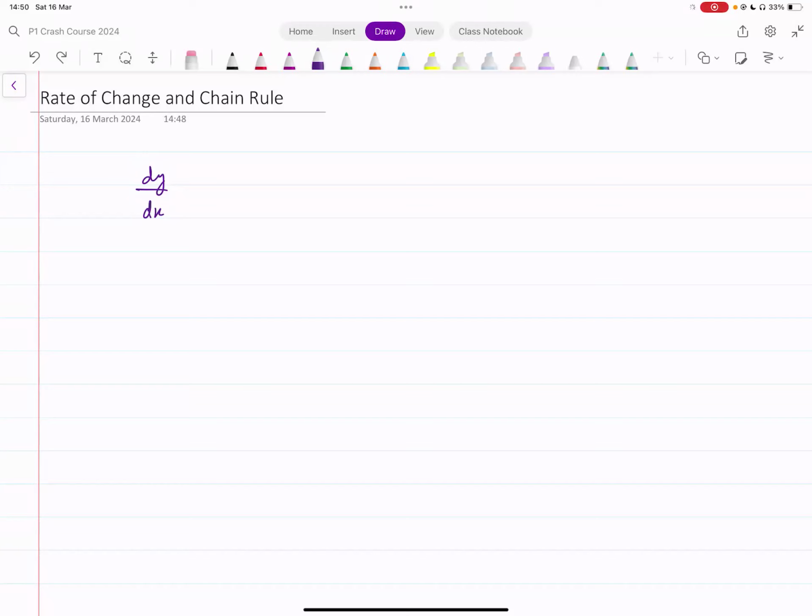So dy is basically the change in y, and dx is the change in x. Change in y over change in x, that's the gradient. There's another way of describing this, we can say this is the rate of change of y with respect to x, right?